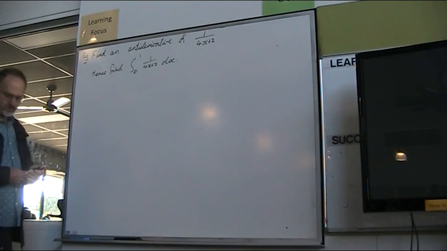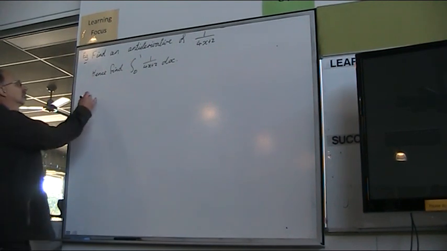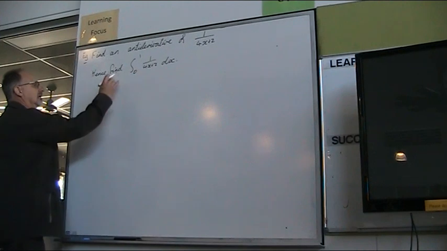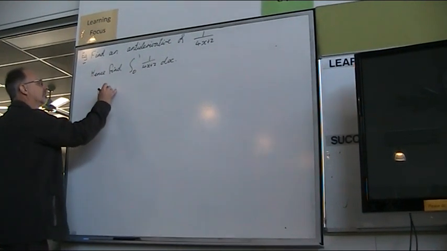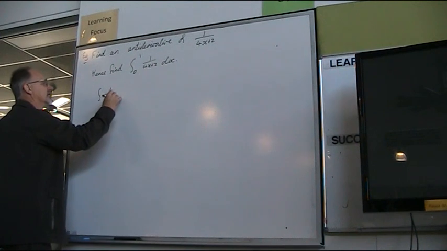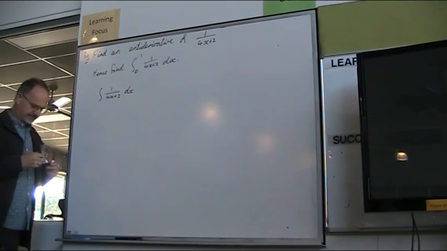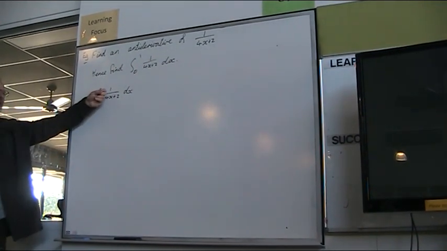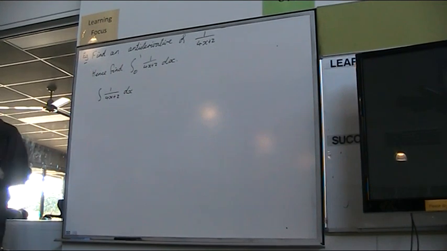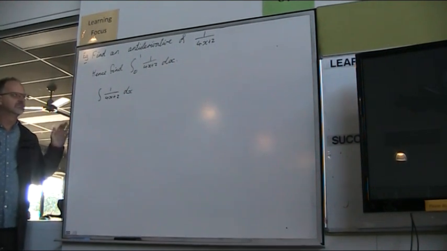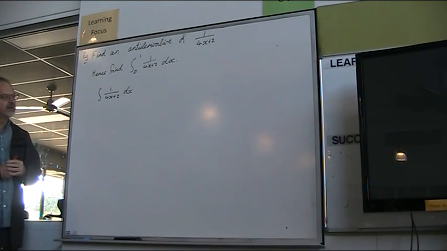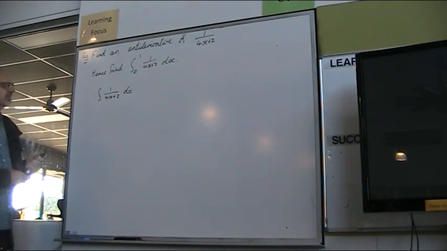So first of all, before we look at the second part, we will just look at the anti-differentiation of 1 on 4x plus 2. So 1 over something. 1 over something is related to what? 4x plus 2 to the negative 1. What sort of graph is this?